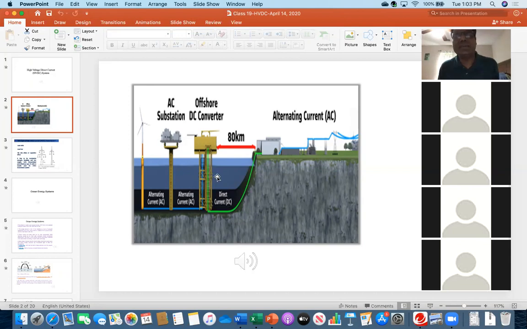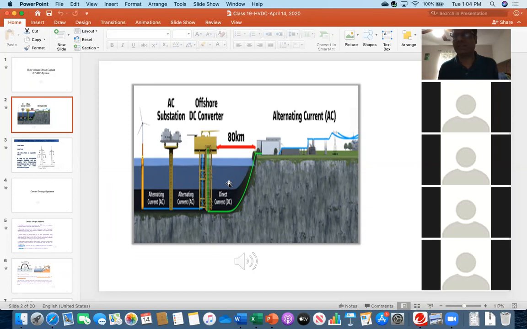If it were AC, there would be much more losses, like I square R loss and I square X loss, which means reactive power loss. People cannot use the power in this 80-kilometer distance, or it could even be much more. That's why it is converted into DC, because if it is DC, then there is only I square R loss.